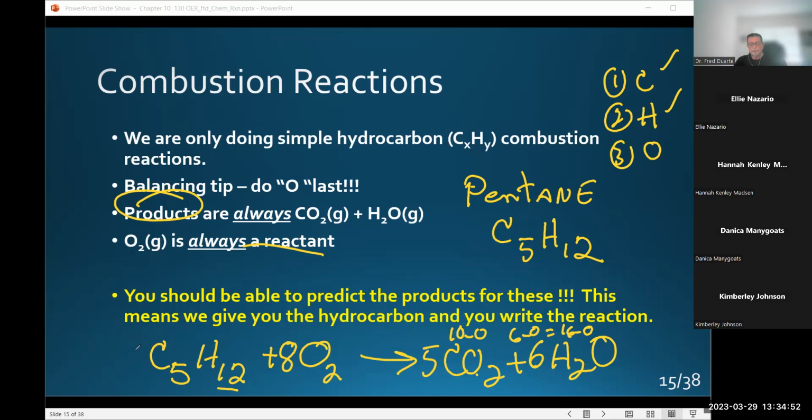So I can see pentane requires 8 molecules of oxygen. Okay, 8 molecules of oxygen. Propane didn't require as much. So as a hydrocarbon goes higher in size, it requires more oxygen to burn it.